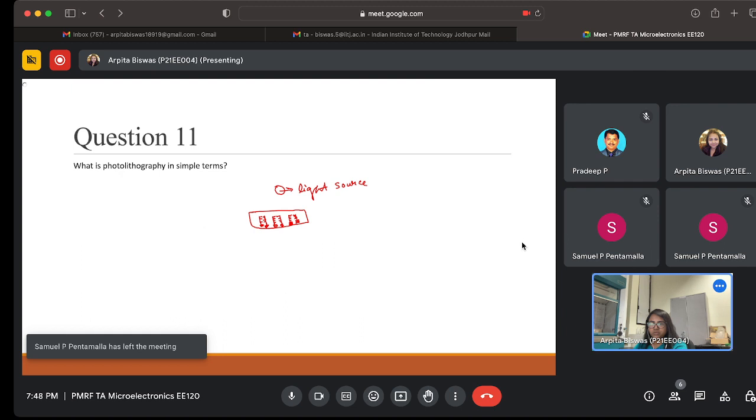Please see carefully. This is the opaque portion, so light can't pass through it, and this is the transparent area, and this is the mask, the optical mask. The light is coming from this side, and here is our wafer.